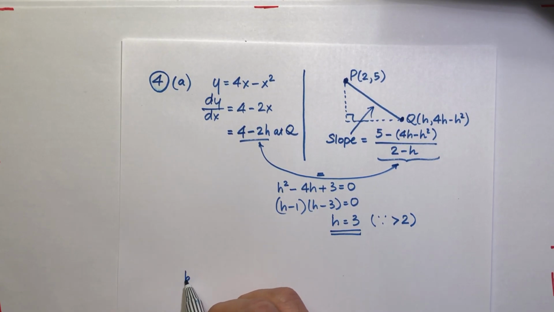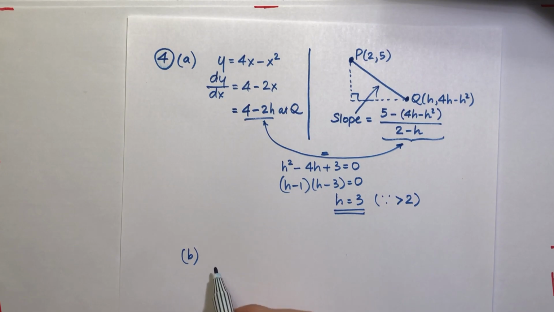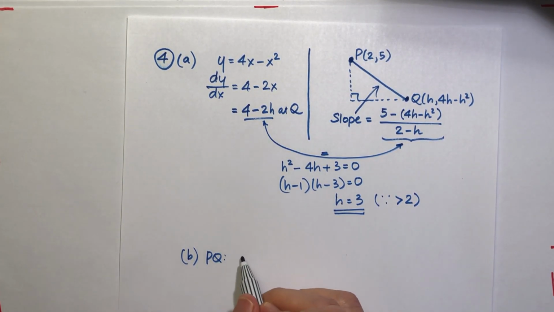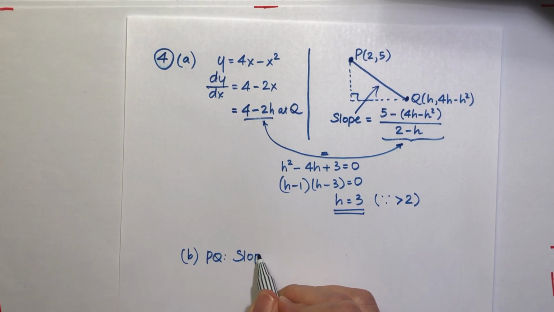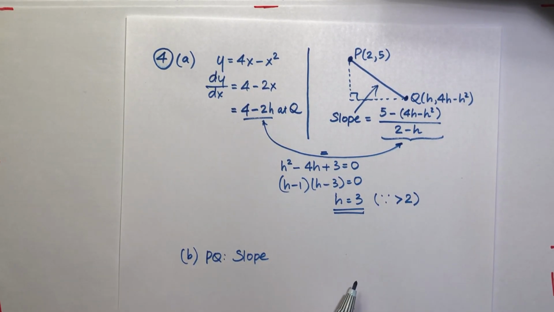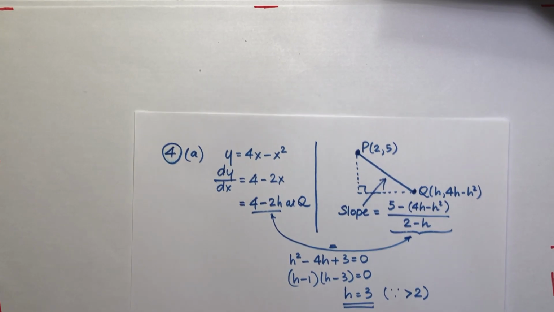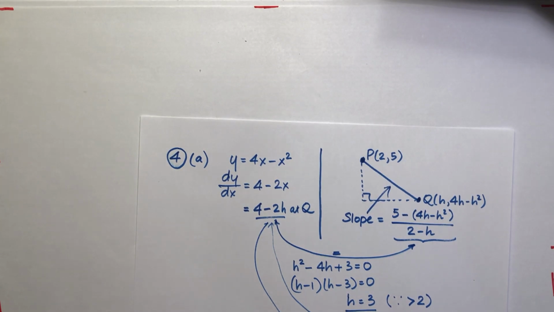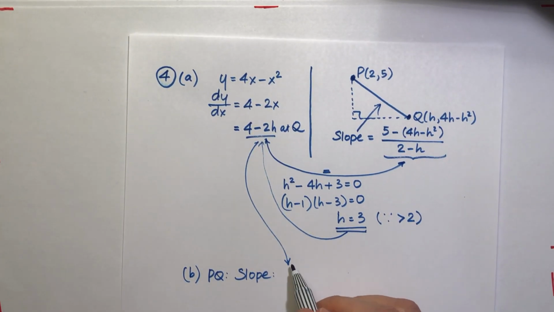For the second part, to calculate the area under the curve, we first have to work out the slope of the line PQ and the equation of PQ. So let's look at PQ. The slope is basically 4 minus 2h, and we know that h is equal to 3, so 4 minus 2 times 3 is negative 2.